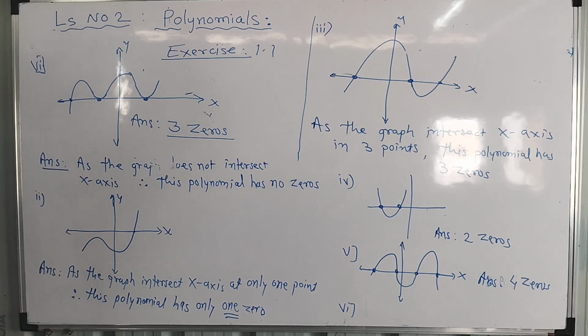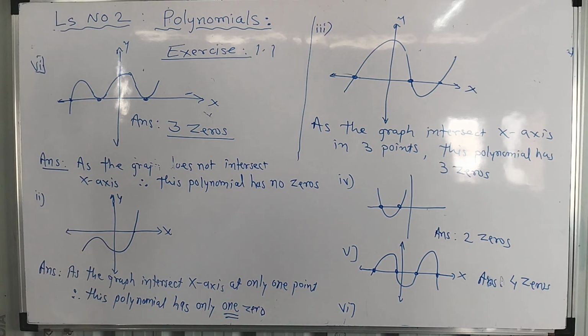In the next exercise we need to find the number of zeros and what those zeros are, mainly for quadratic polynomials, not cubic, not linear. We will focus only on quadratic polynomials in exercise 1.2.